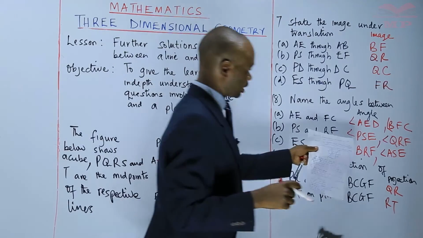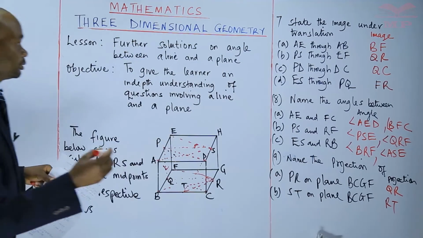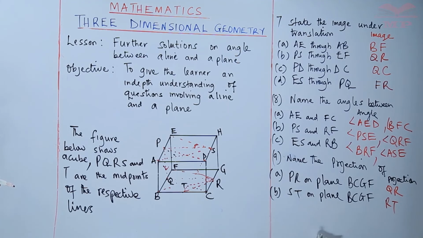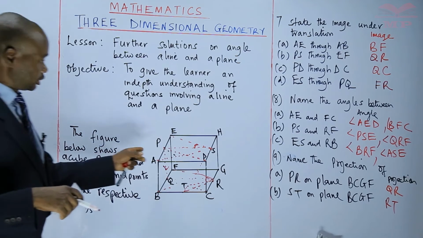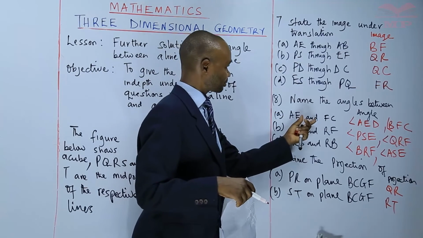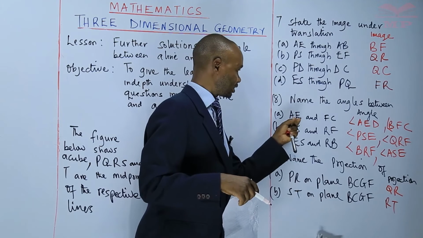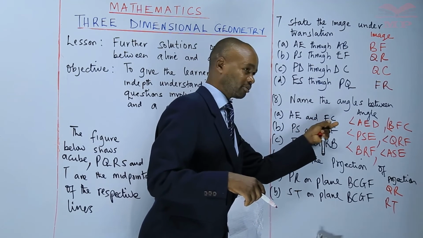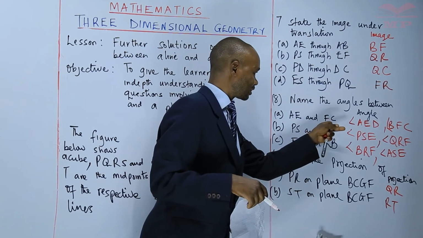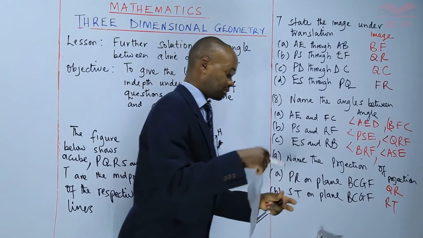That's why we are able to get two answers. In this one, we are moving this line to the plane where that one belongs, or translating that line to the plane where this one belongs. So it is vice versa.